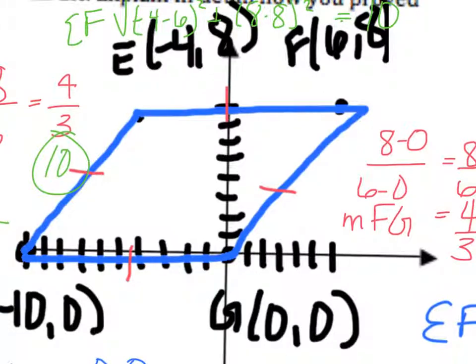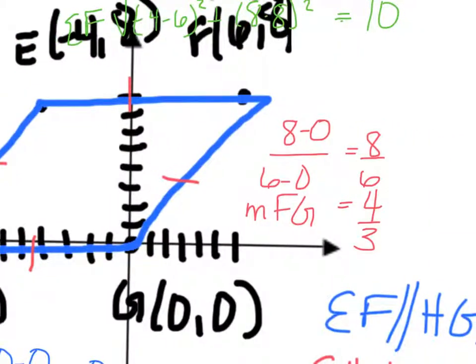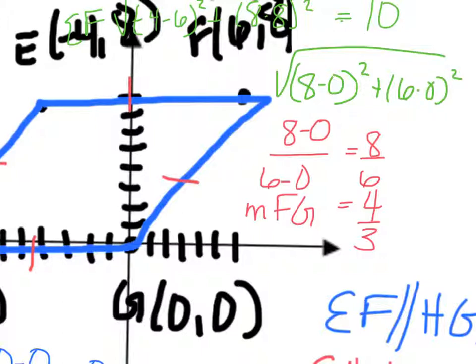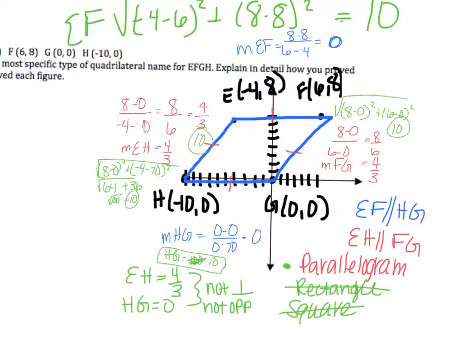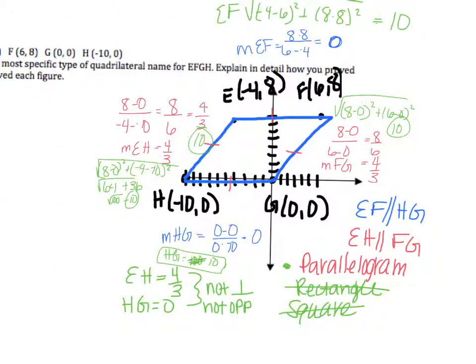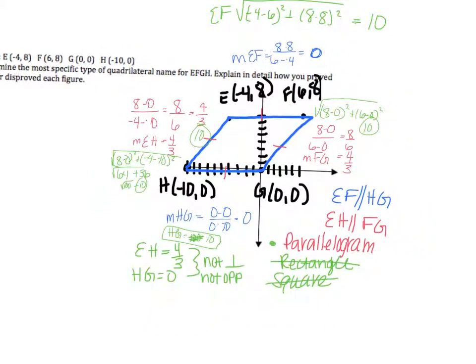And then this side, talking about FG, 8 minus 0 squared plus 6 minus 0 squared, this will also get us 10. So since all sides are equal, they're all 10, we can conclude that this is a rhombus. Okay, it's not just a regular parallelogram.